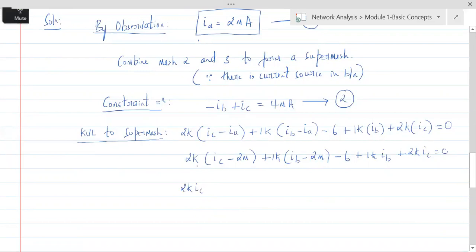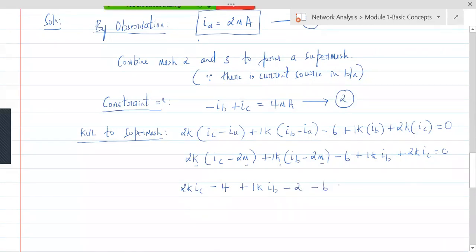This K and milli go off, so you'll be left with minus 4. Then plus 1K IB. This K and this milli go off, so you'll be left with minus 2, minus 6, plus 1K IB, plus 2K IC.